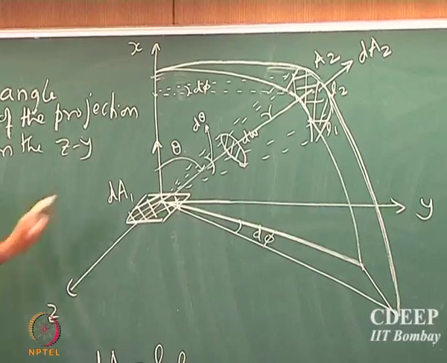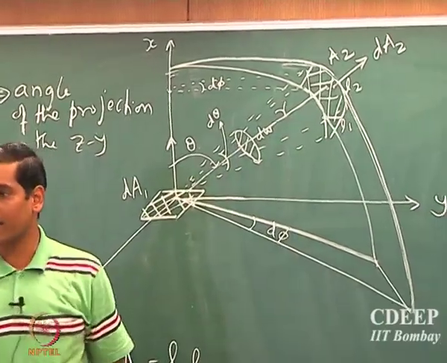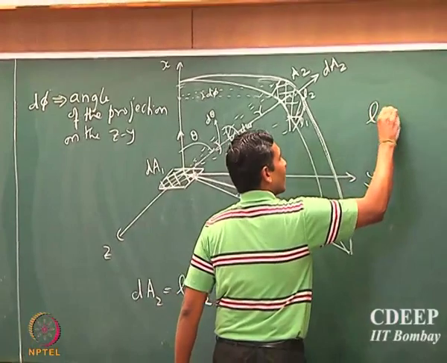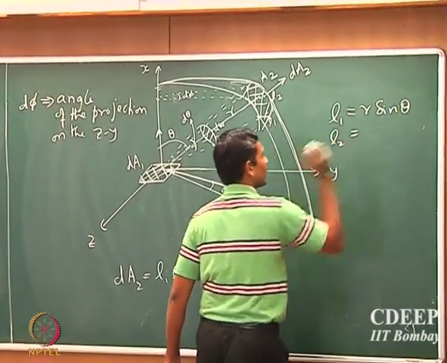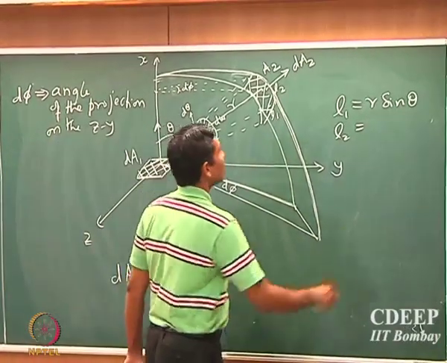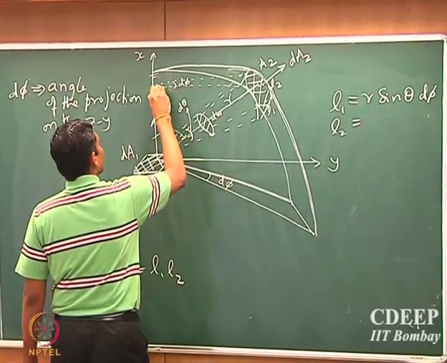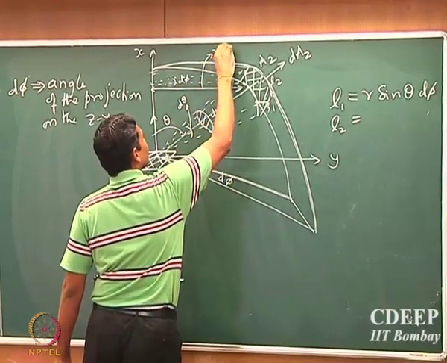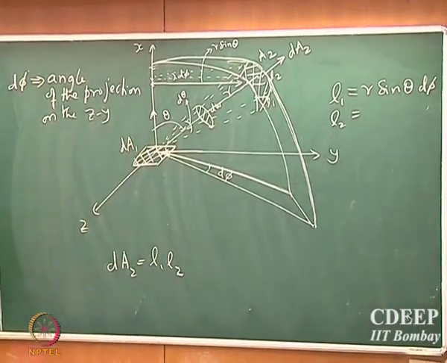What is that distance? So this is r. What is this distance? R sin theta, okay. So L1 is r sin theta, and what is L2? Oops, sorry. L1 is r sin theta d phi. So this length is r sin theta, and therefore L1 is r sin theta d phi.